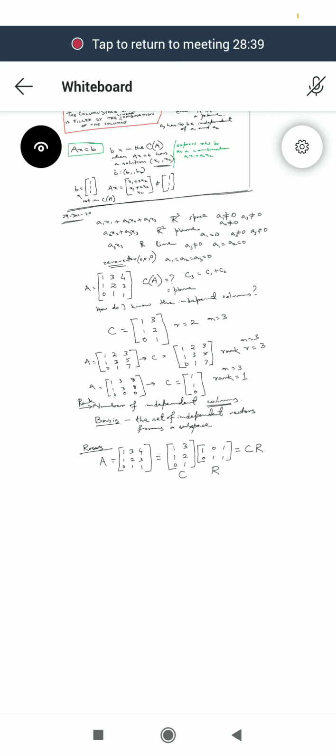So A has been factorized into two matrices C and R. When the column matrix C multiplies with the first column of R, 1 and 0, this is nothing but 1, 1, 0, 3, 2, 1.